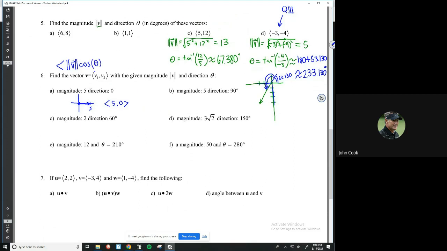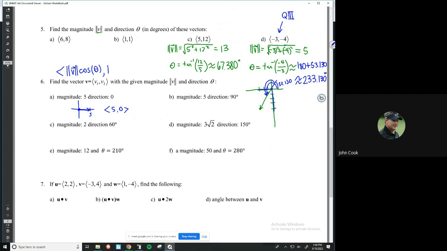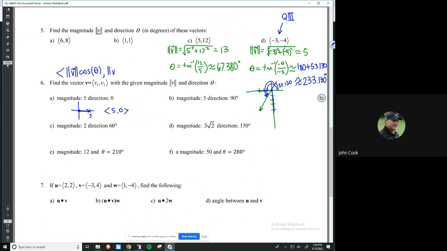Remember, cosine is x on your unit circle, same thing here. And then the magnitude of v times the sine of theta will give you the y component of this vector. And that'll work every single time.